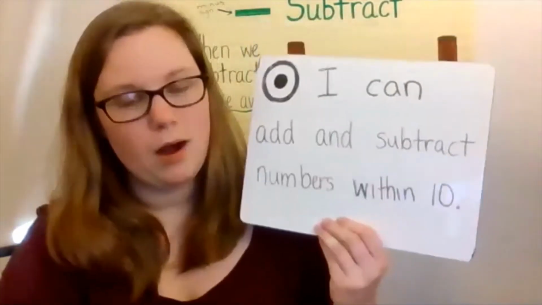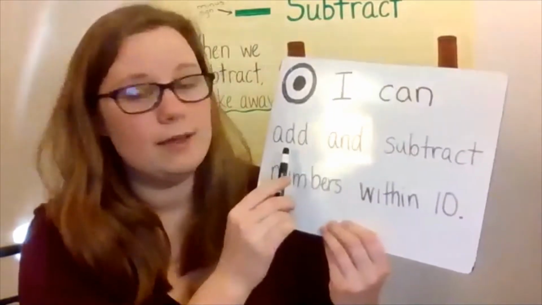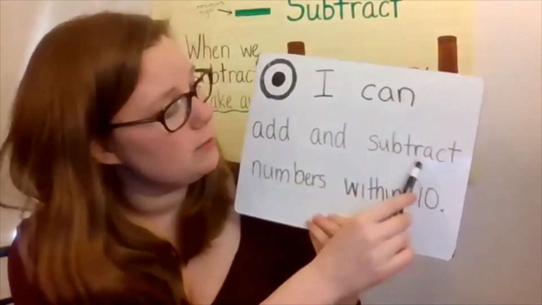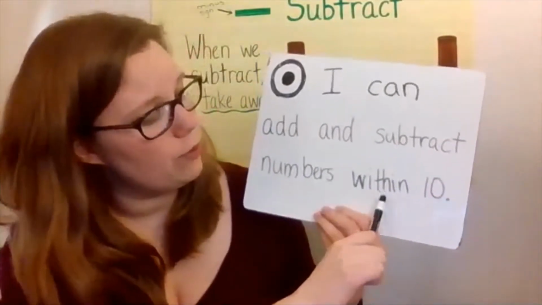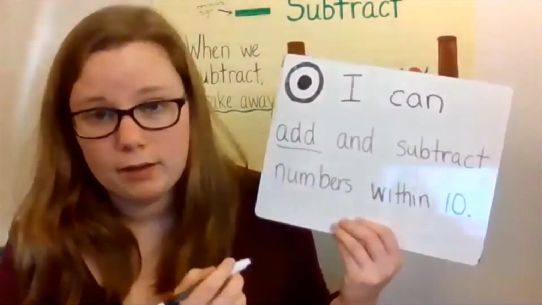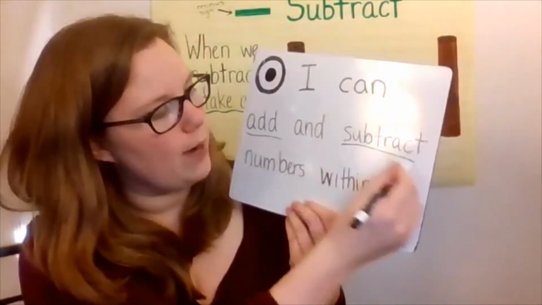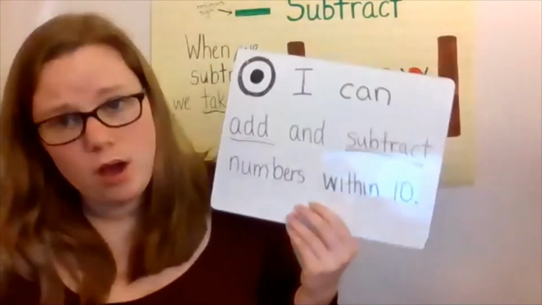we are now going to do our learning target. Our learning target for today is I can add and subtract numbers within 10. Remember, we talked about how add means to join together and subtract means to take away.